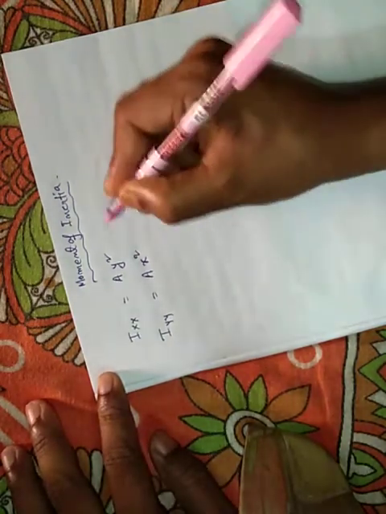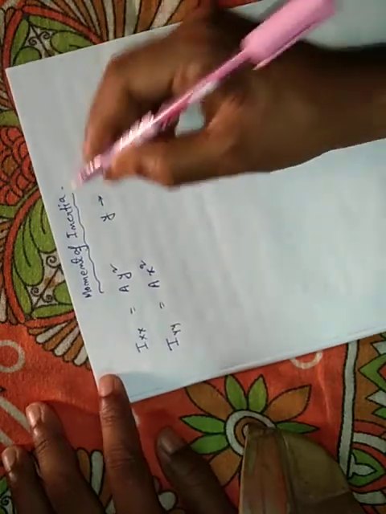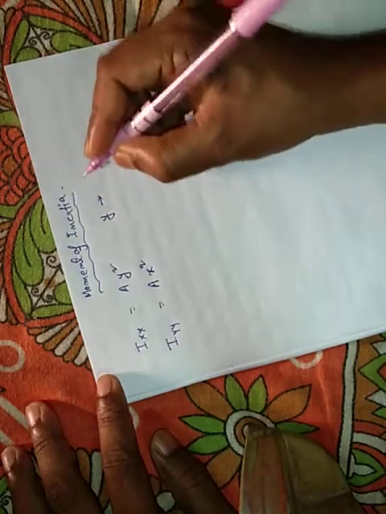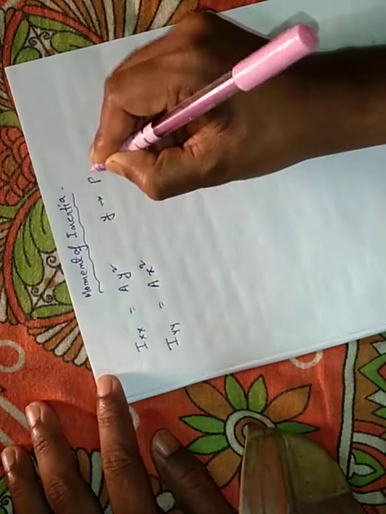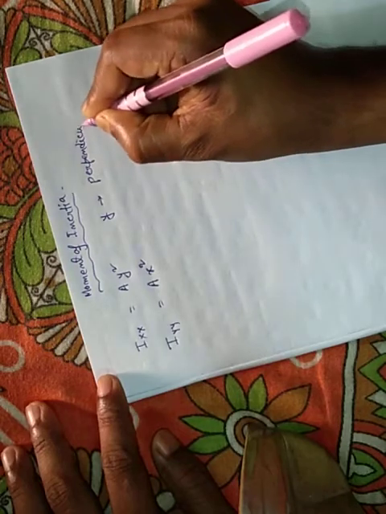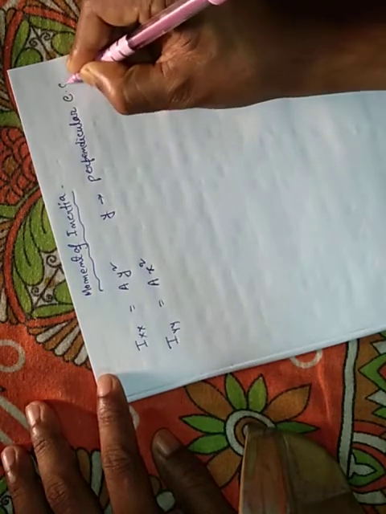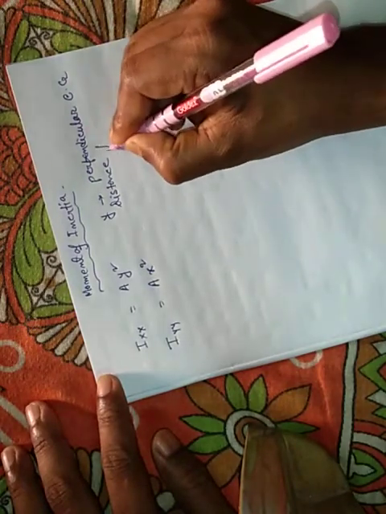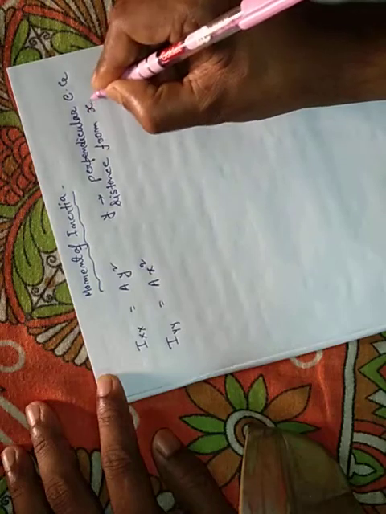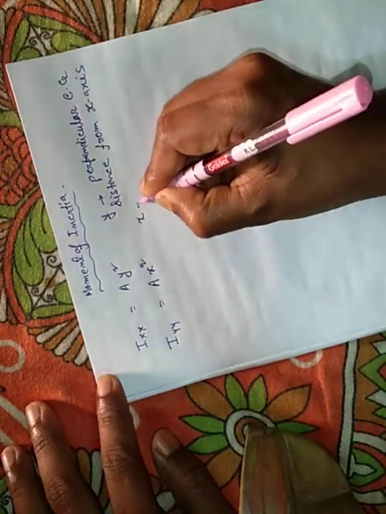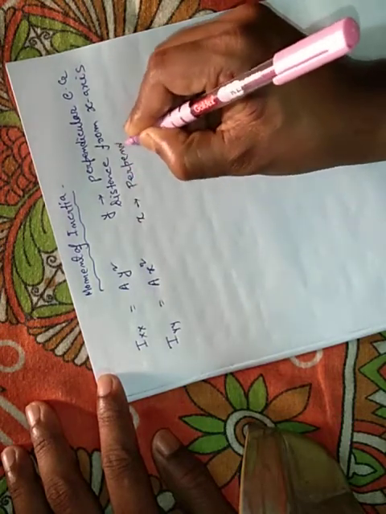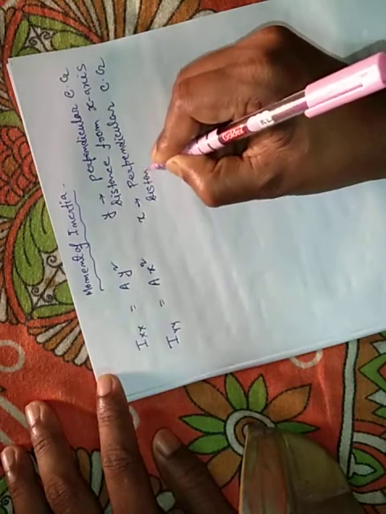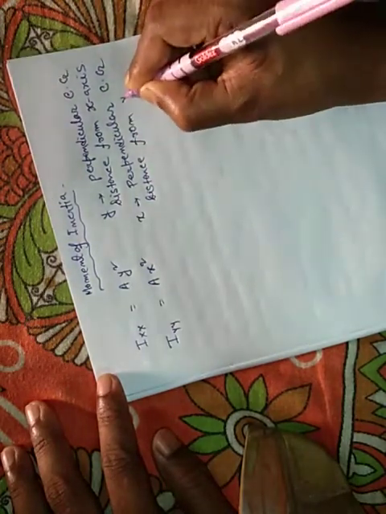Here y is the perpendicular CG distance from the x-axis, and x is the perpendicular CG distance from the y-axis.